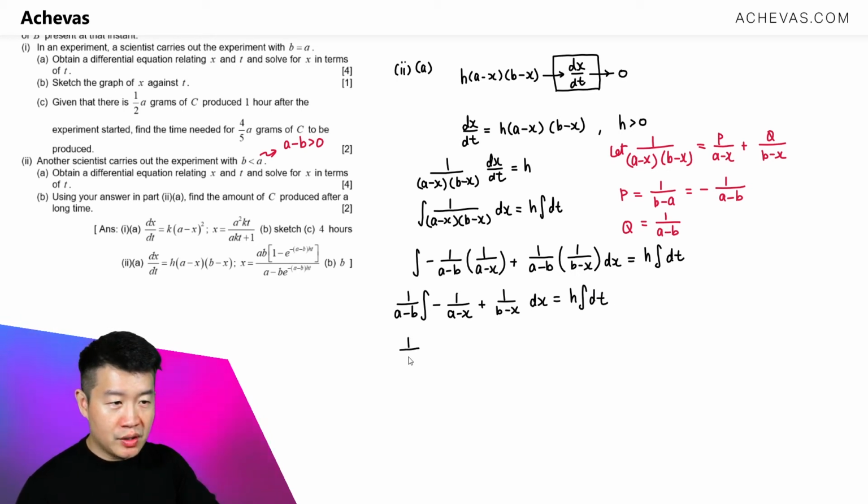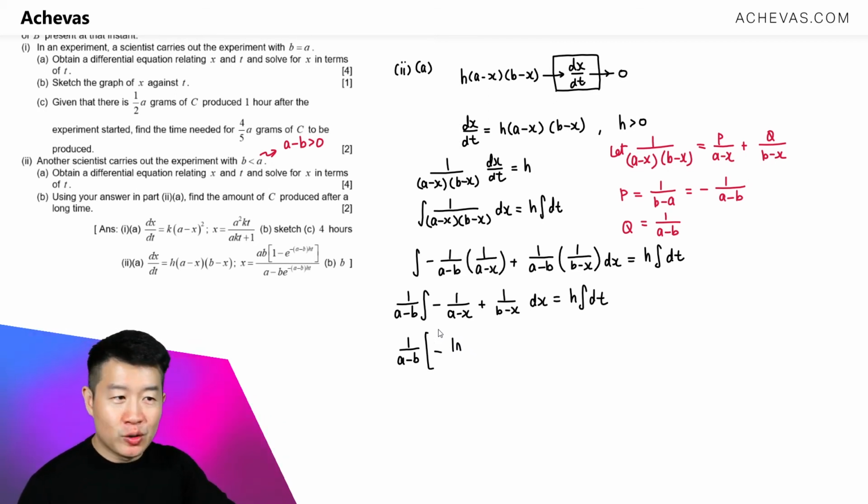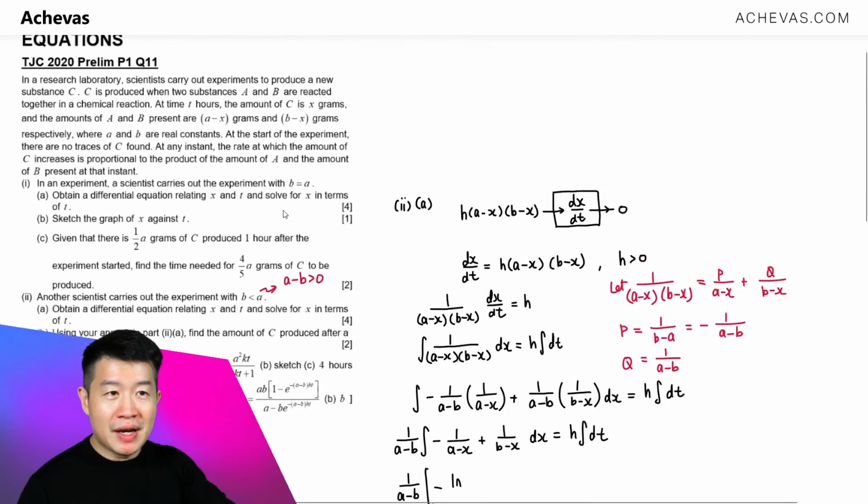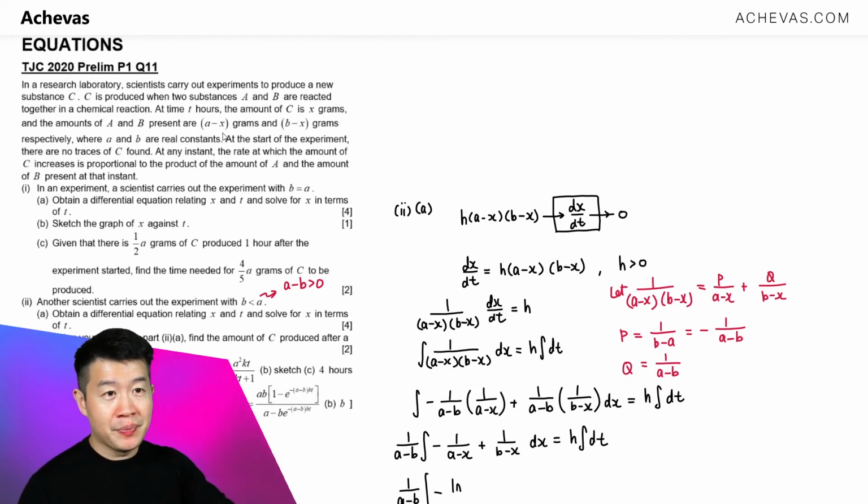So this is going to be 1 over (a minus b). And for this, it is going to be minus ln of modulus of (a minus x). But let's just take note, a minus x and b minus x, they're actually positive numbers. How do we know that? Because a minus x, b minus x represents the amount of substance a and b.